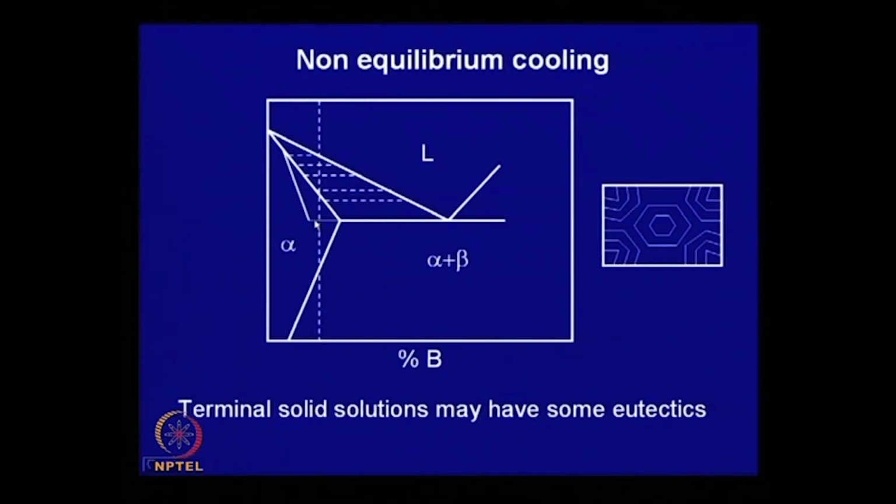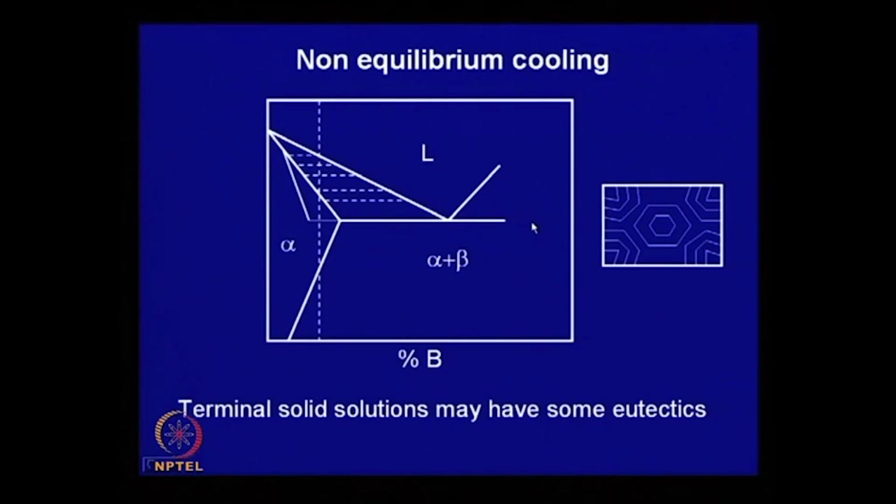This is the amount of liquid, from this point to this point, which remains even when the temperature reaches the eutectic temperature. So, this will now solidify as eutectic, having alpha of this composition and beta of this terminal solubility somewhere here.